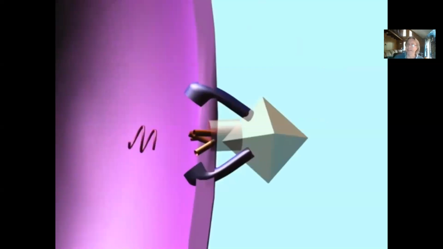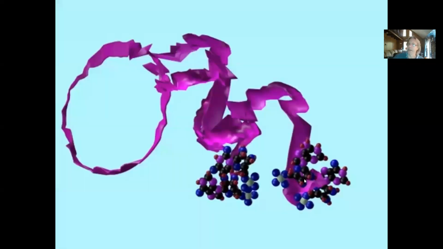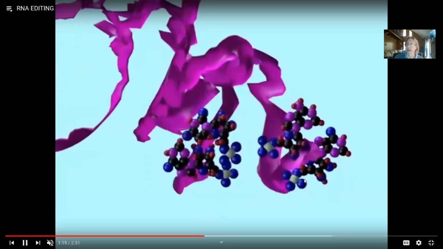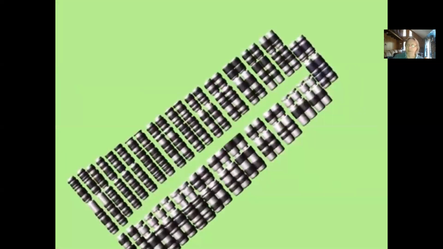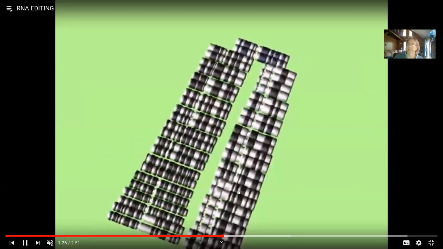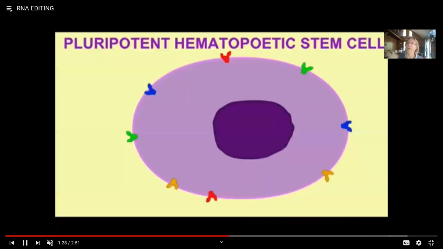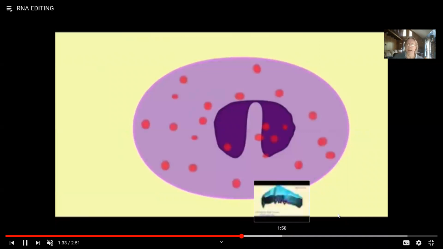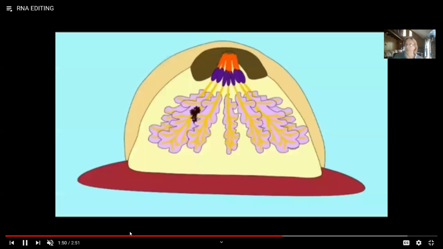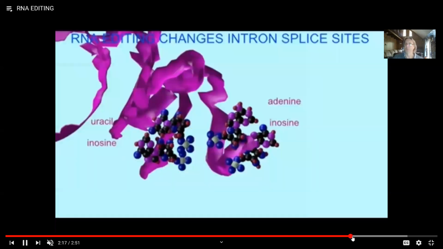This can be a defense against viruses, because we can then modify the nucleotides of double-stranded RNAs, which are ones that viruses use, but there are many places in the human genome where we edit RNA turning adenine into inosine. And there are enzymes which do this, and the dysregulation of this can cause a number of disorders, including cancer. So we can edit nucleotides.